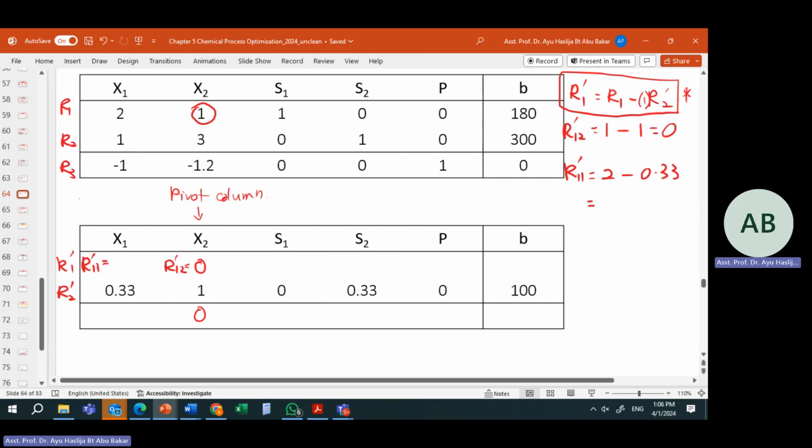Yes, 1.67. That's how it explains the value in table number 2.